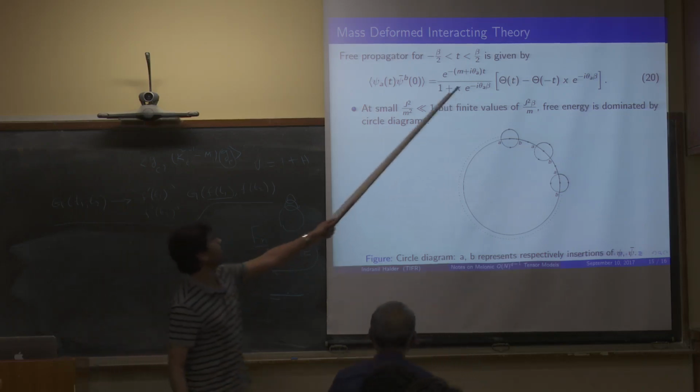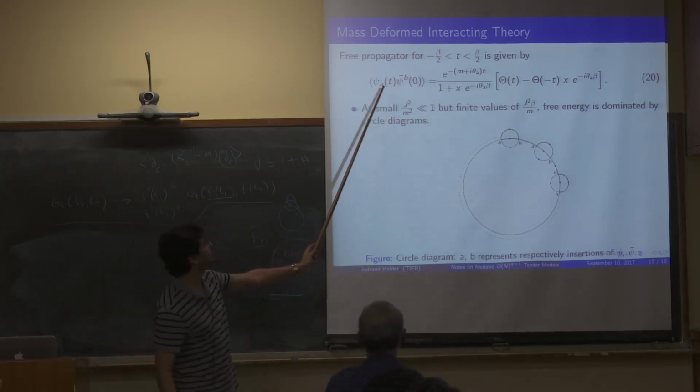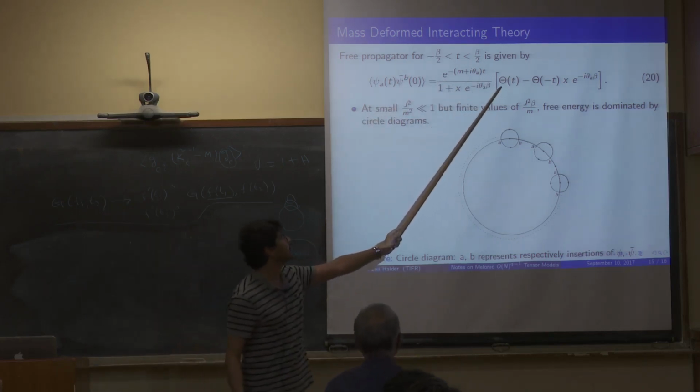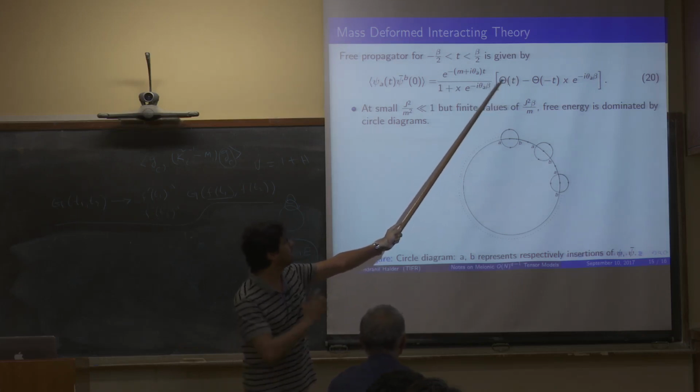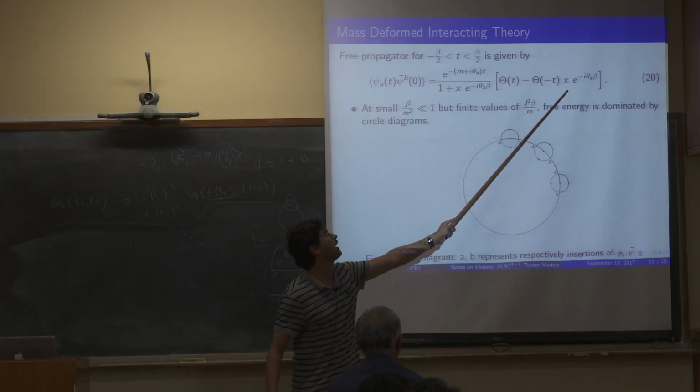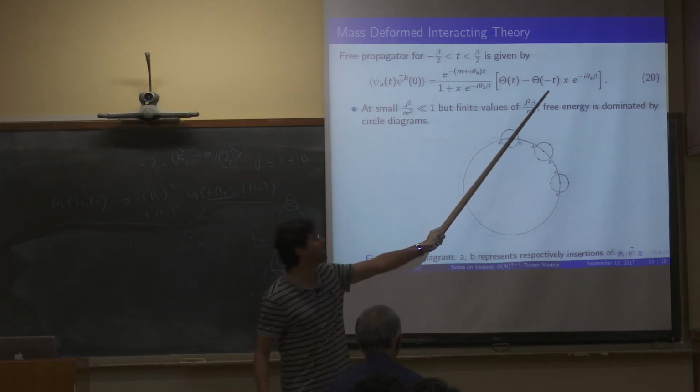if we look at the propagator here, this is the free propagator, then it has this term which goes forward in time, namely contributes only when t greater than 0, and this is only when t less than 0. But there is an extra factor of x sitting over here when you are going in the opposite direction.